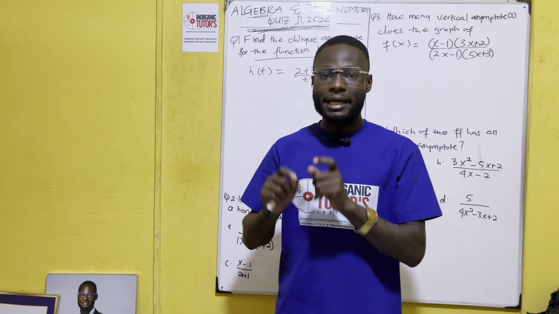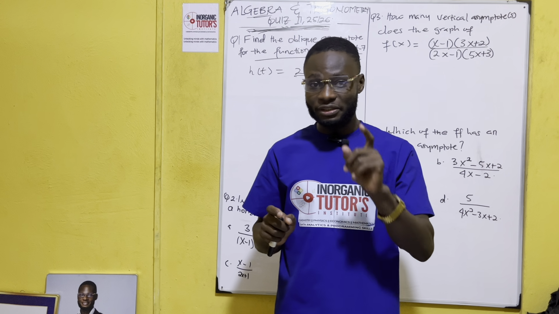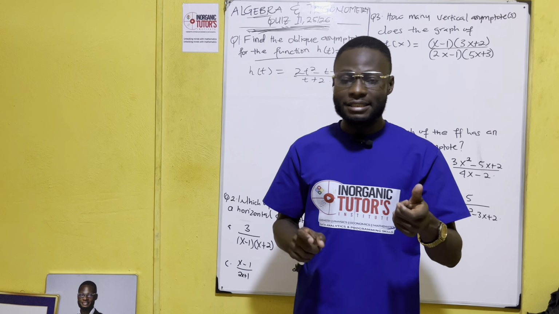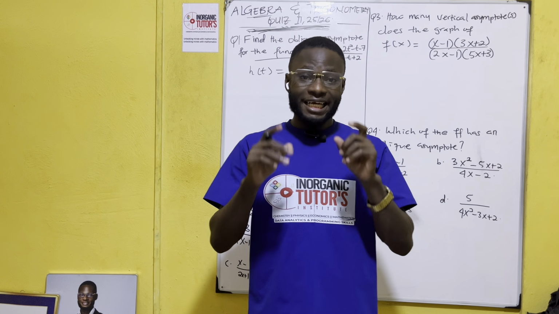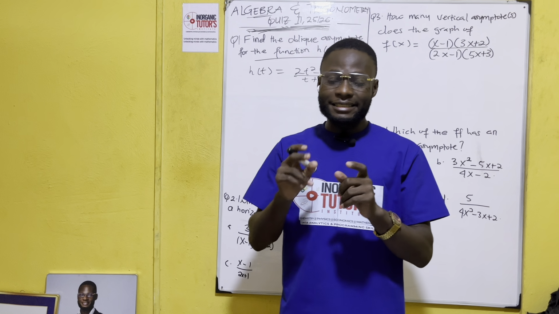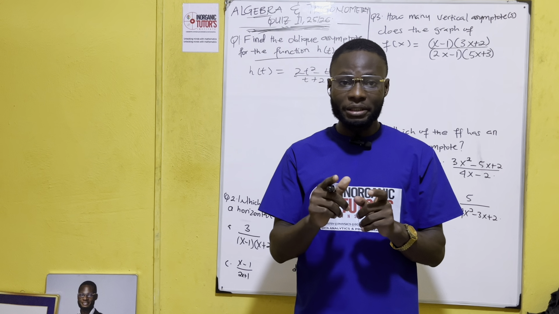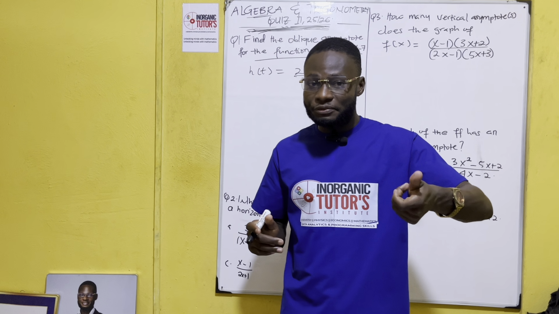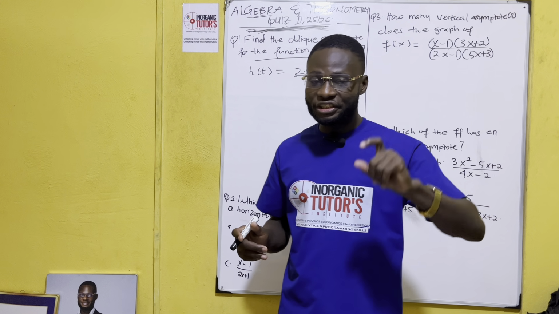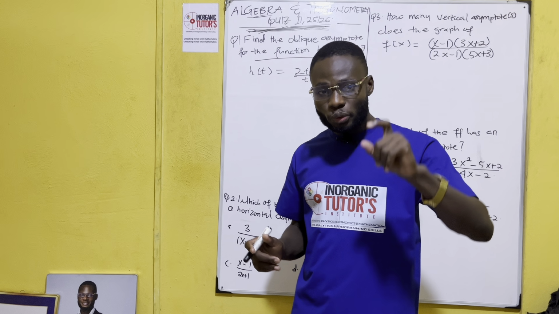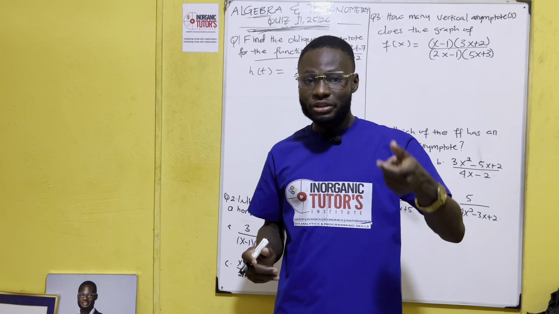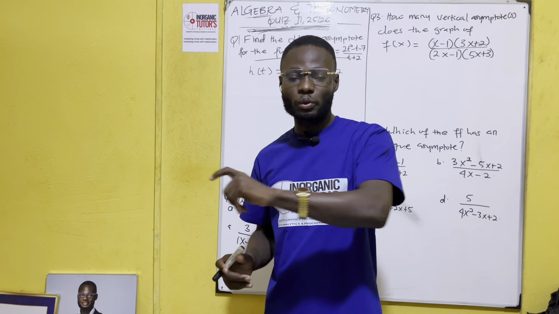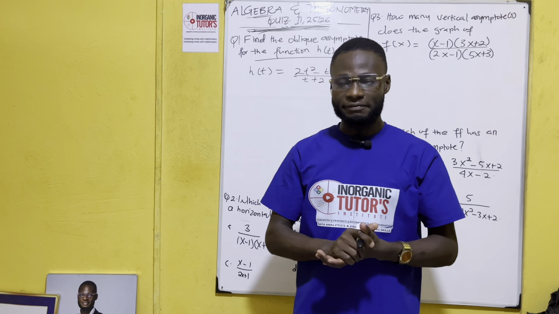The second condition is if the degree of the numerator is equal to the degree of the denominator, then we find the horizontal asymptote by comparing the coefficients of the numerator to the denominator. Then the horizontal asymptote is at, let's say, y equals 2 or whatever number you have.